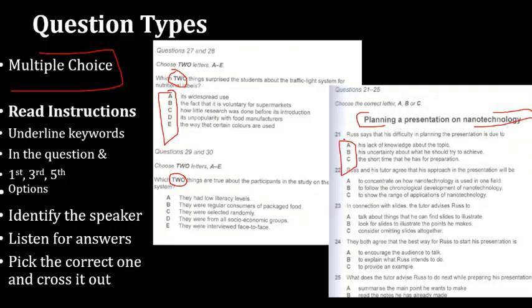Over here, we can say Ras says that his difficulty in planning the presentation is due to. So we have Ras here. Ras is the name of someone who is probably the person giving the presentation or planning the presentation.